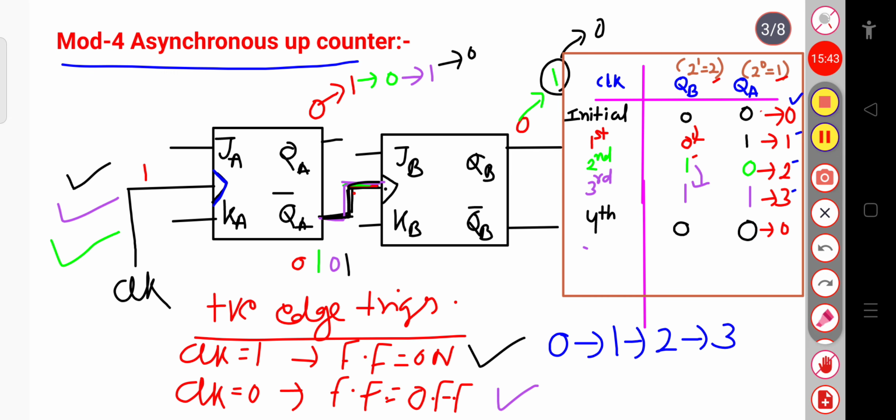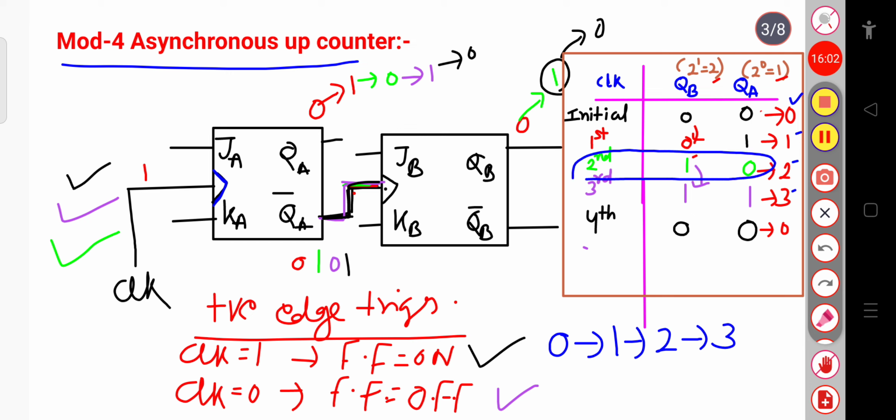Let me tell you one more thing. In the case of the mod 4 asynchronous off counter, a question may be asked like, in the second clock pulse, what will be the output of the first flip-flop and the second flip-flop? It means you are asked the value of QA and QB.